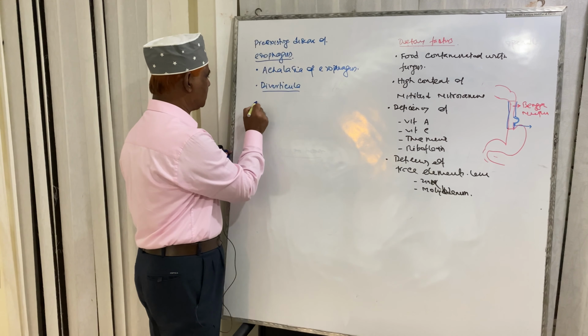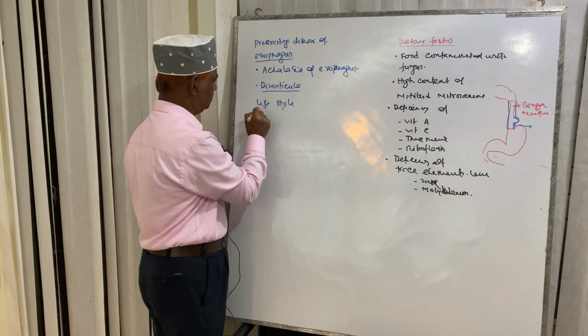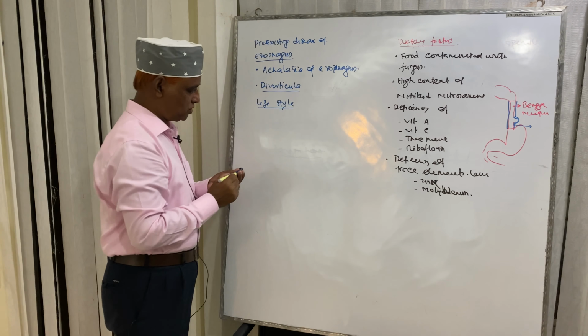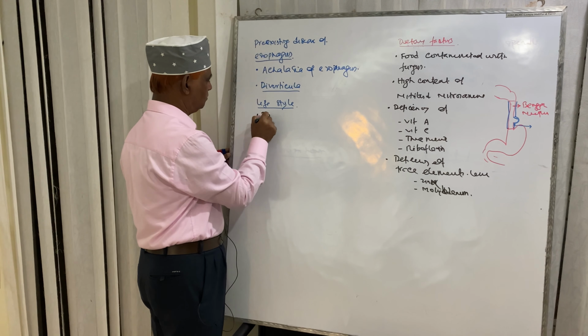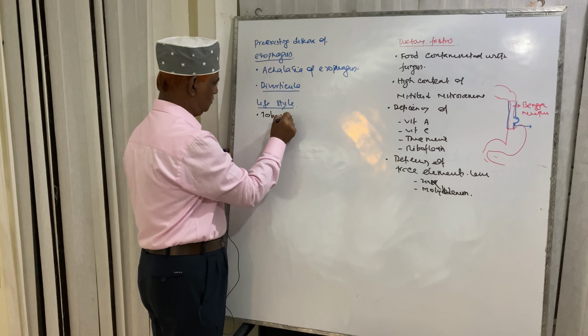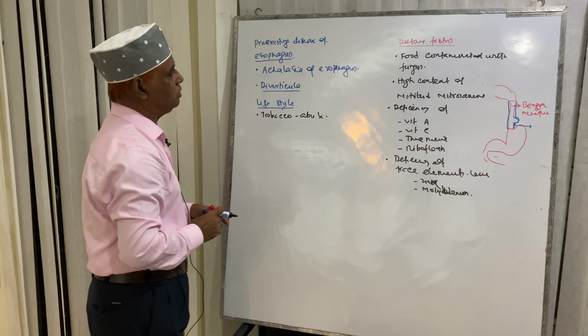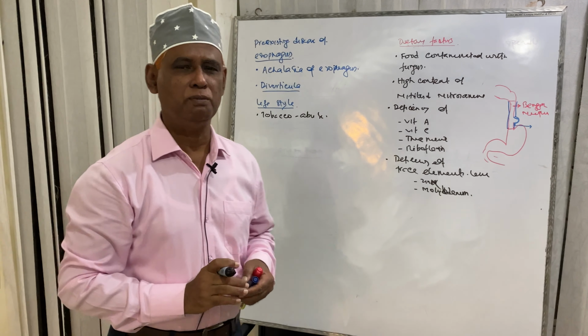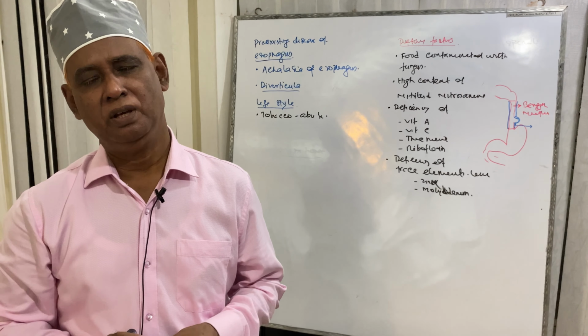Now come to lifestyle. Tobacco abuse. Tobacco abuse is associated with carcinoma of the oral cavity, carcinoma of the esophagus, and carcinoma of the stomach also.